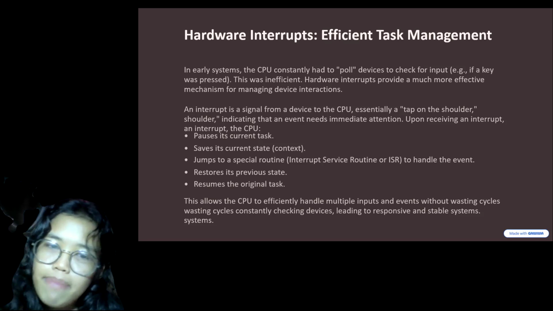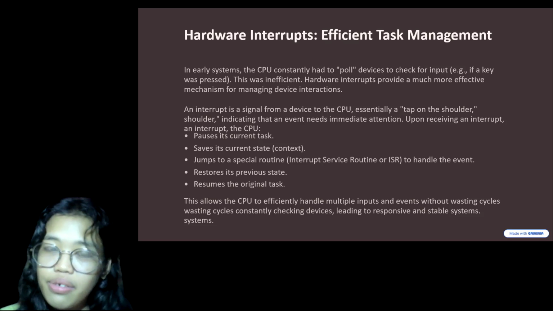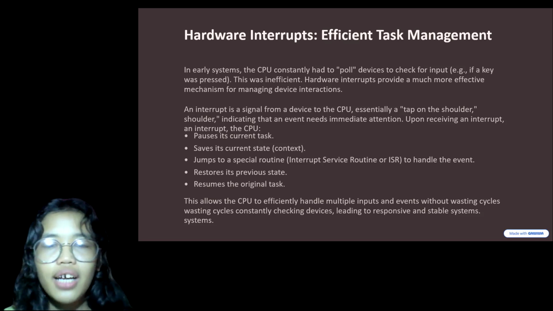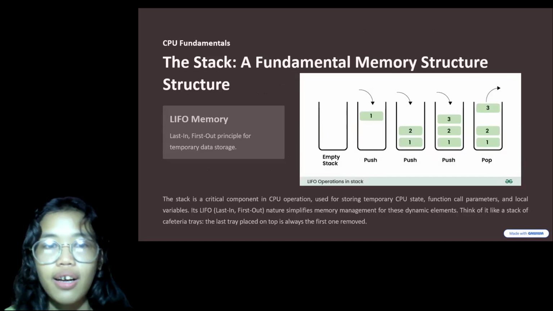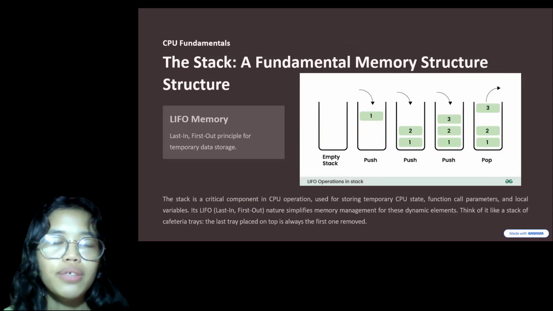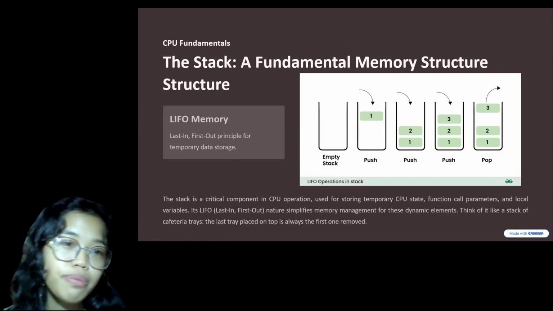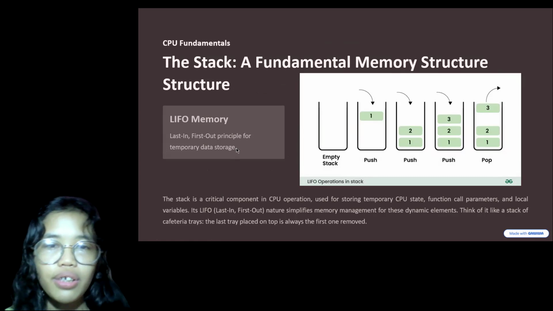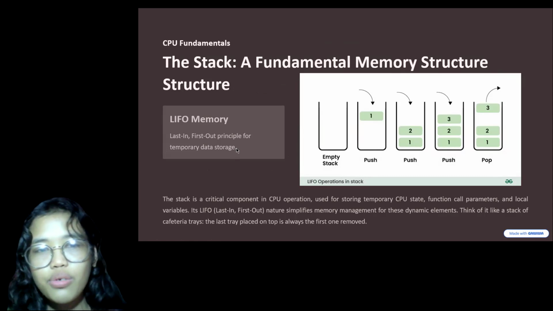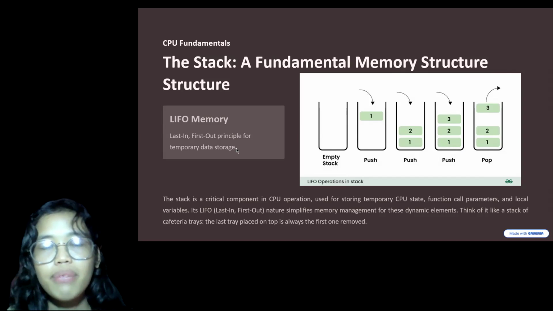So to pause safely, the CPU must save its state, right? That's done using what they call the stack, a fundamental memory structure, following the LIFO method, the last in, first out principle for temporary data storage. So this stack stores return addresses, register values, and temporary data.